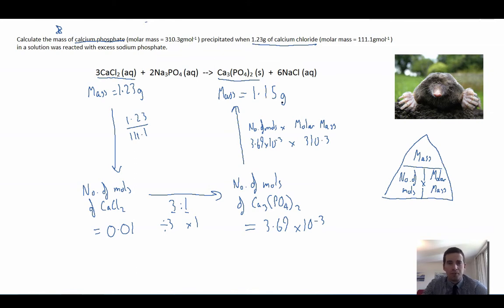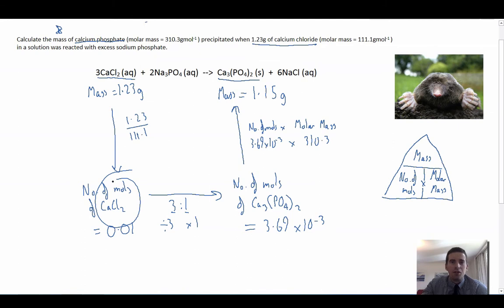And there you go. All you need to do is follow these steps. Now, most of the calculations in your AS paper will be mass to mass, but just be careful. They might start with number of moles and then expect you to work out mass. In that instance, you would just start at this step here, okay?